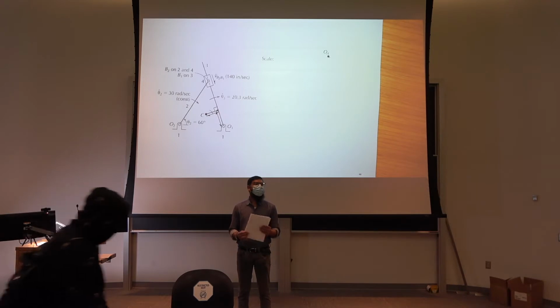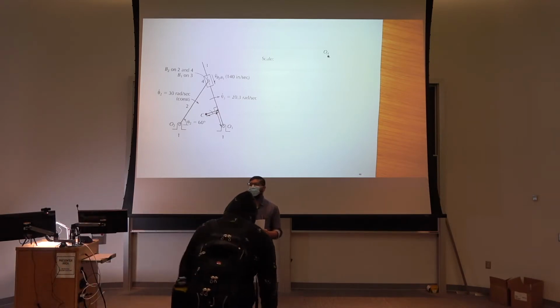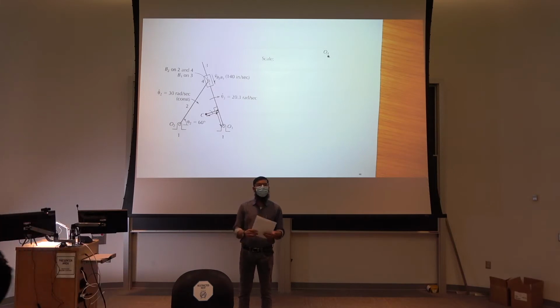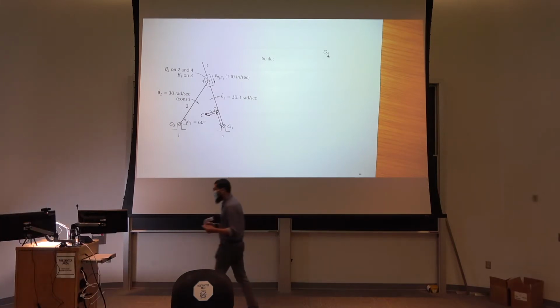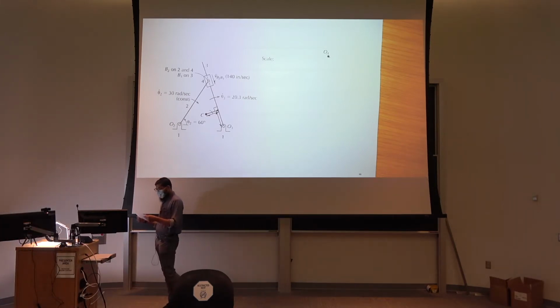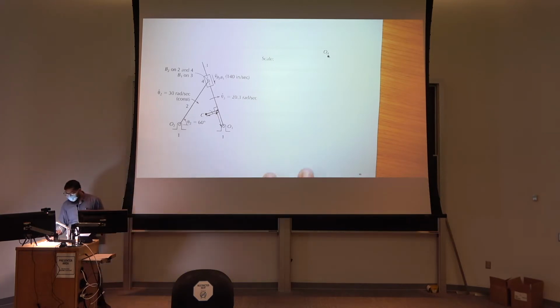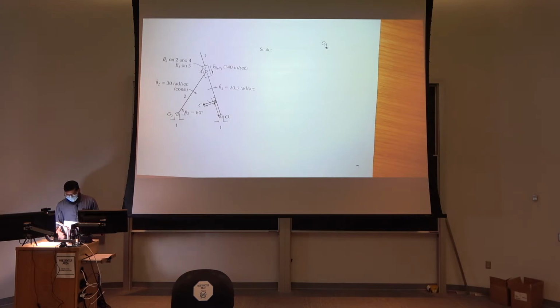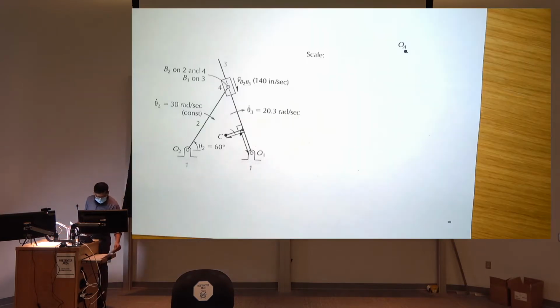So I think all of you have the mechanism with you. Those who didn't get it can pick it up, and you can also download it from Quarkus. The mechanism that we will be solving today is again a 6-link mechanism, and you're going to need a velocity polygon.